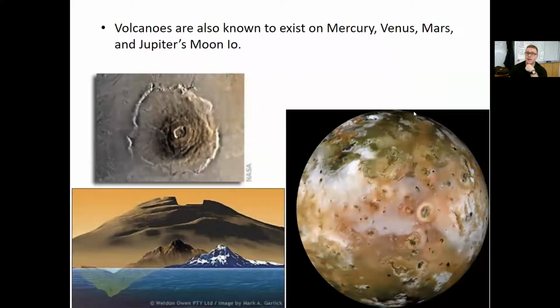There's evidence of volcanic activity in other places, on other moons and planets like Mercury, Venus, Mars, and Jupiter's moon Io. All of these places have tectonic activity, and it's very similar to the mechanisms we have on Earth. So if we know the types of volcanoes that are in these places, like if we see a composite volcano, we could glean, okay, maybe they have rhyolitic-like magma in those places.